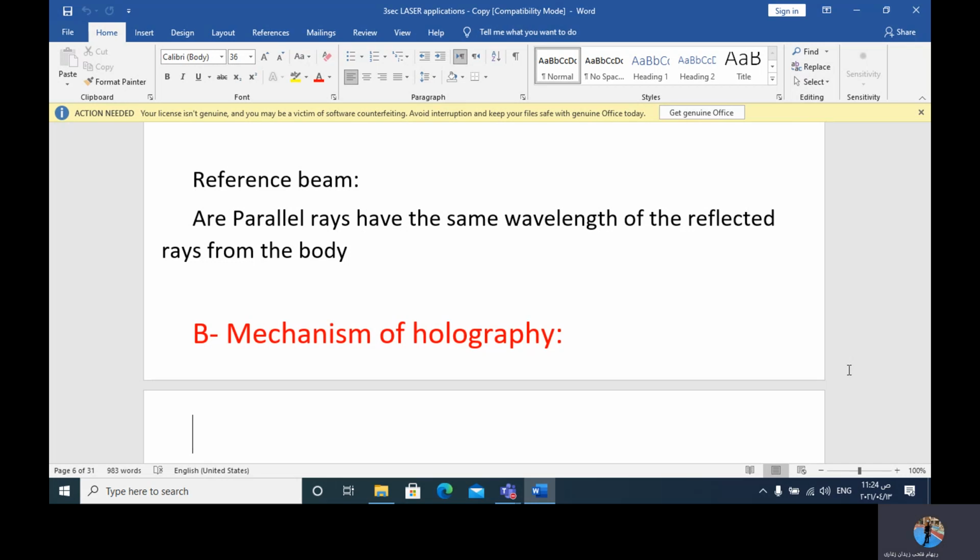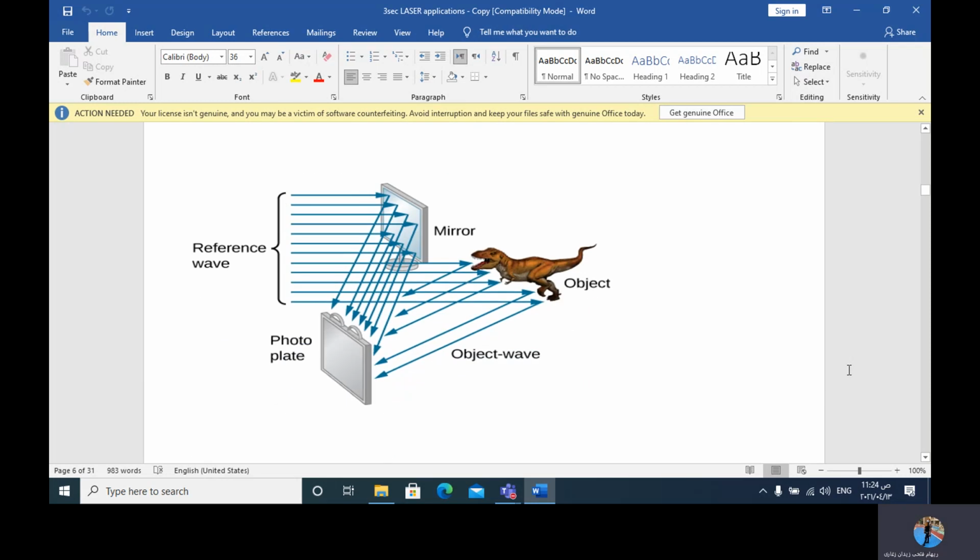How to form a hologram? If you look here, this is an object, which is like a toy, like a lizard.